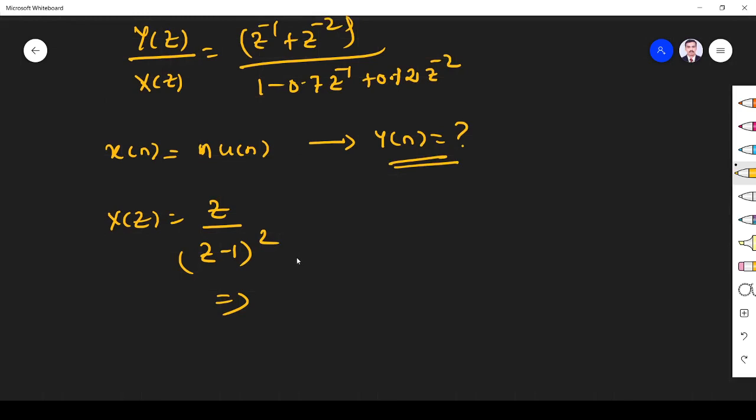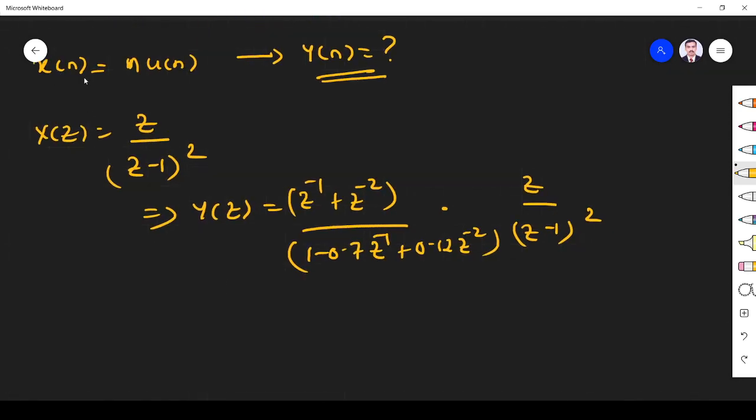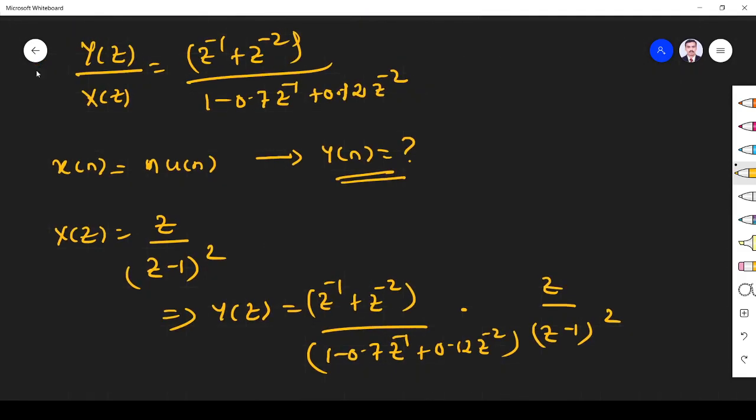So y of z will be equal to z power minus 1 plus z power minus 2 divided by 1 minus 0.7 z power minus 1 plus 0.12 z power minus 2 into x of z. Instead of x of z, I substitute z by z minus 1 whole square. I brought this x of z here, and its value is z by z minus 1 whole square.